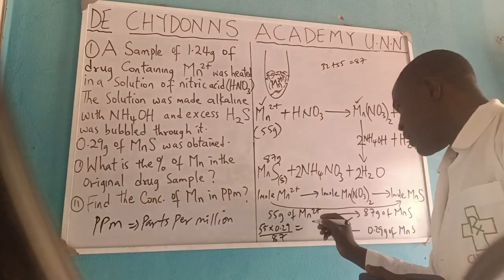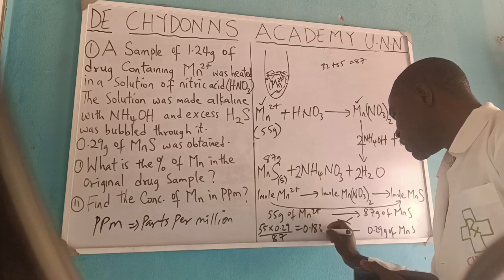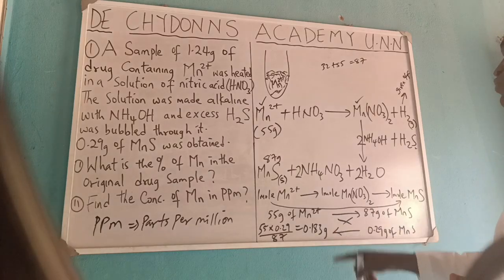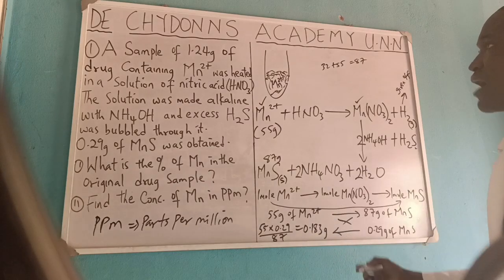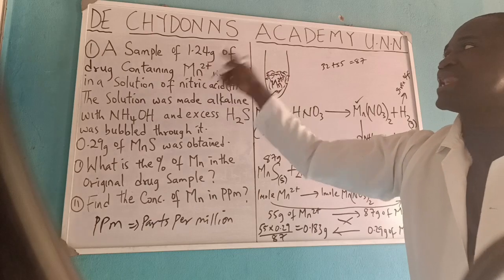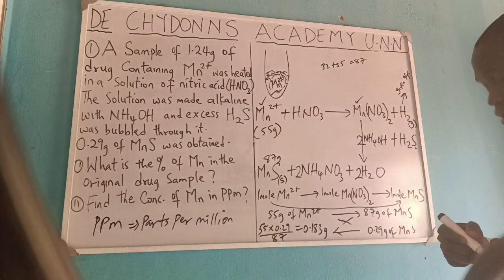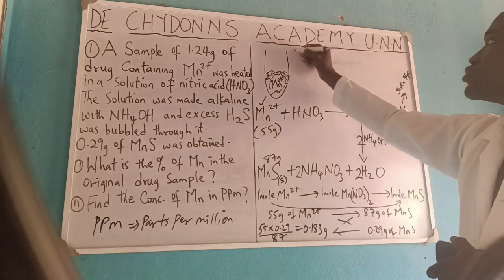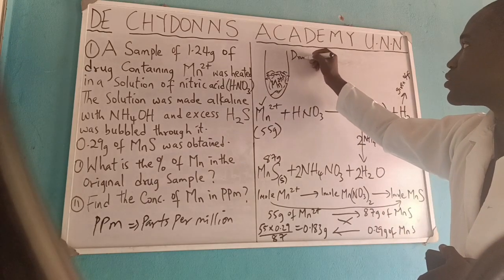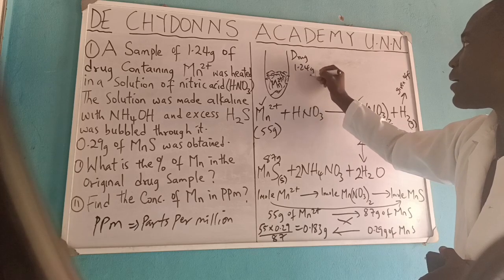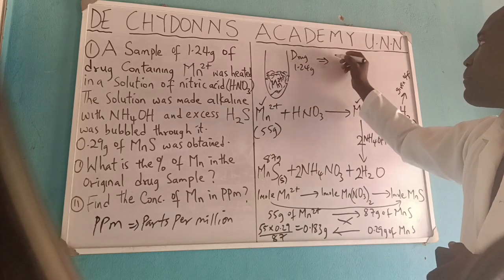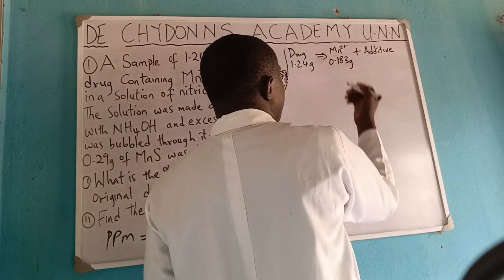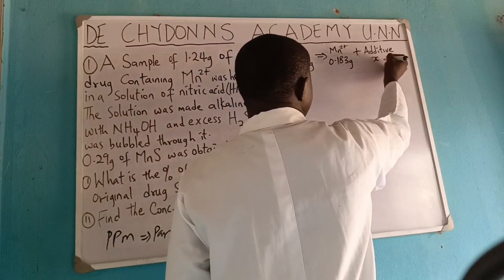We'll be having 0.183 gram. That means we have 0.183 grams of manganese in that sample. That means our total drug sample is what? 1.24 gram. Then the manganese content of it is 0.183 gram. Then the additive, let's call it X.